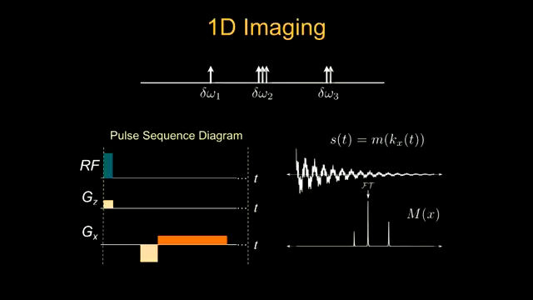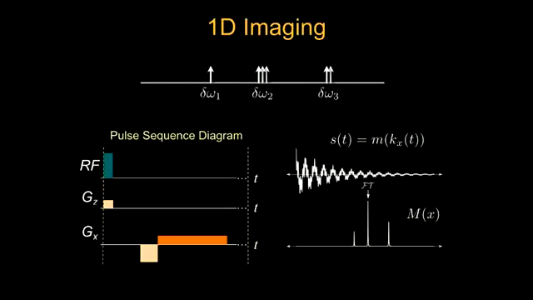As I said, you record the signal, which oscillates at different frequencies at different locations with different strength. Once you apply the Fourier transform, you get 1, 3, 2, which is the strength of the proton density, the amplitude.